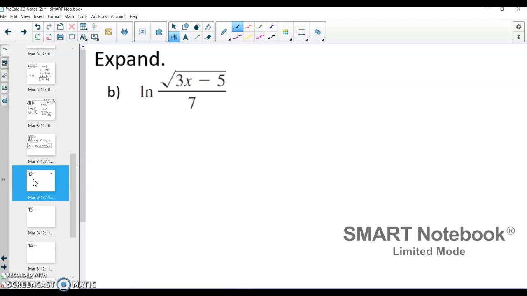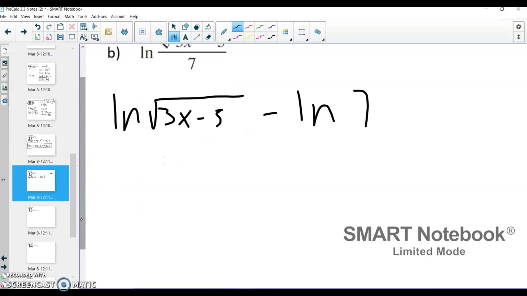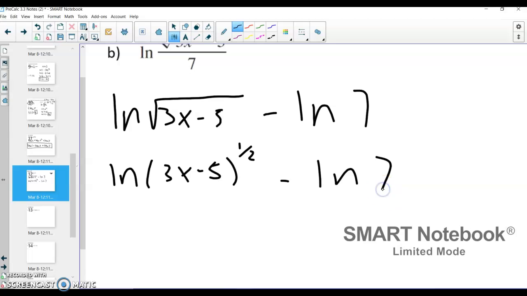Here we're going to expand this one. We have the natural log of the square root of 3x minus 5, minus the natural log of 7. This can turn into the natural log of 3x minus 5 to the 1/2 power, minus ln of 7.